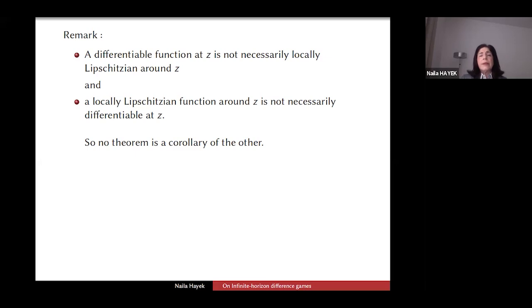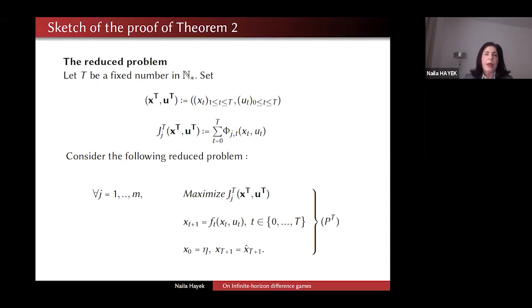So I'm saying this to tell you that neither of the two previous theorems is a corollary of the other. Each one is really independent of the other, okay? Now we can think of the notion of locally Lipschitzian as a generalization of continuous Fréchet differentiability. So these are two separate results.